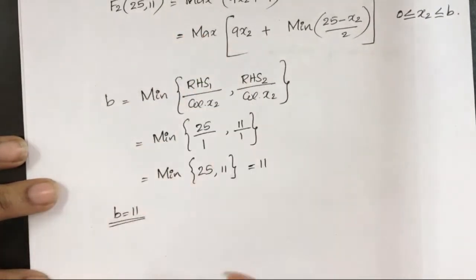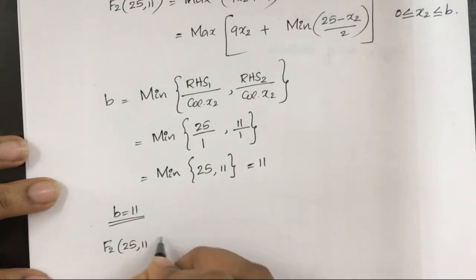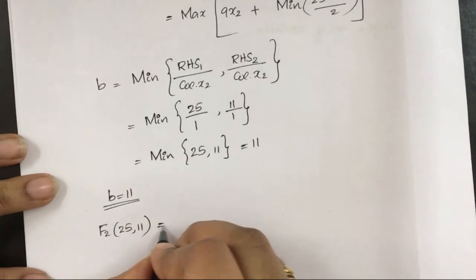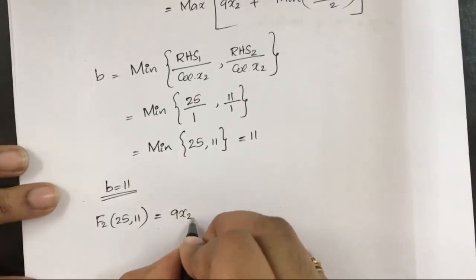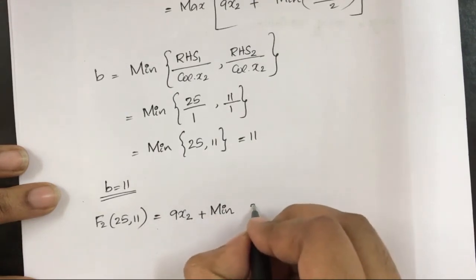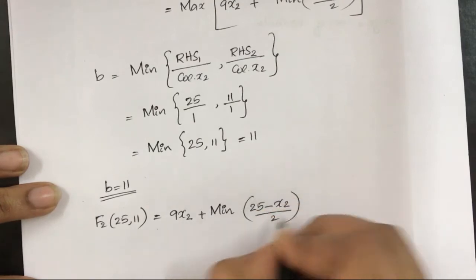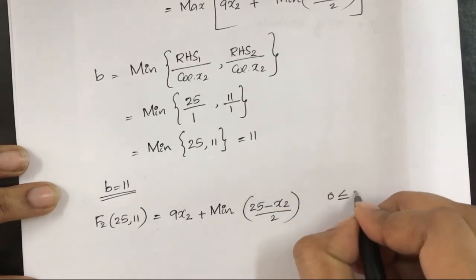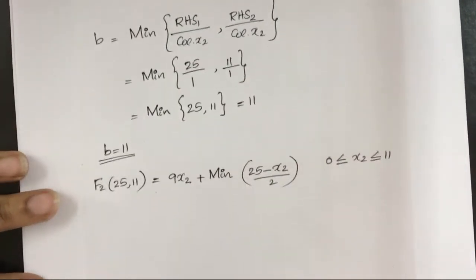So rewrite the function f2 of 25 comma 11 is equal to 9x2 plus minimum of 25 minus x2 by 2, where 0 less than or equal to x2 less than or equal to 11.